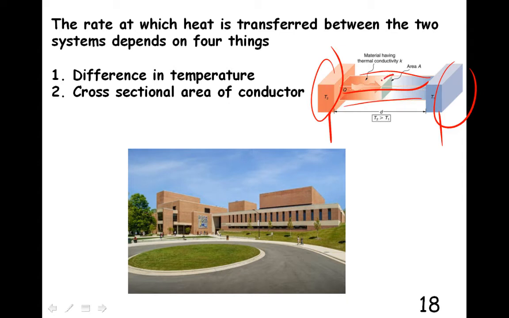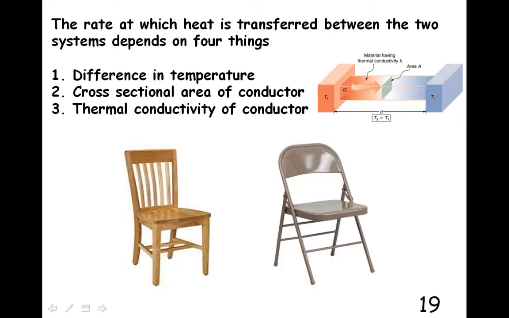And the larger the cross-sectional area of that rod, the more heat that can be conducted from the hot object to the cold object. And this is illustrated by this building that was made in the 70s, and they made windows very small back then to cut down on the amount of conduction loss through the windows to make the area smaller.